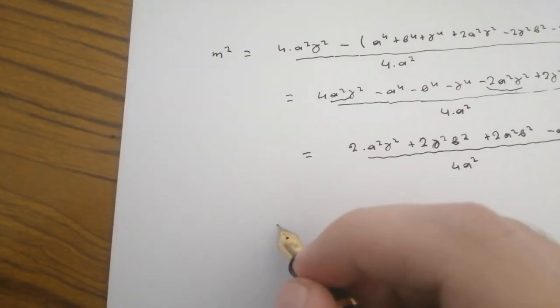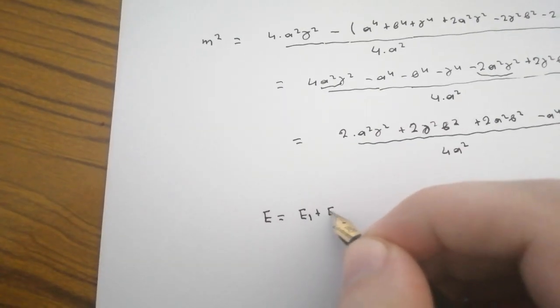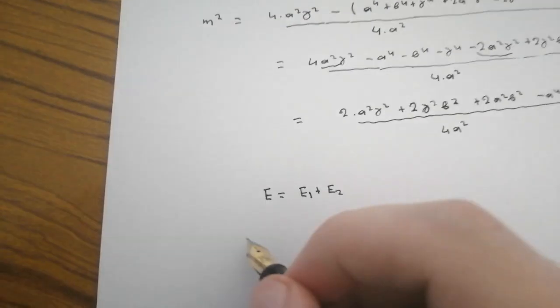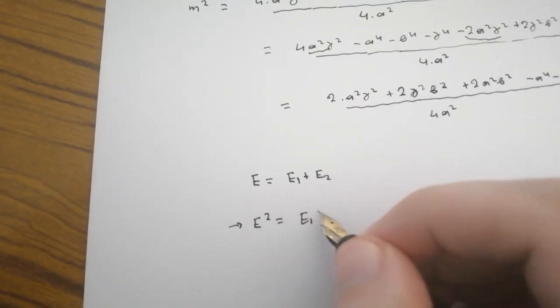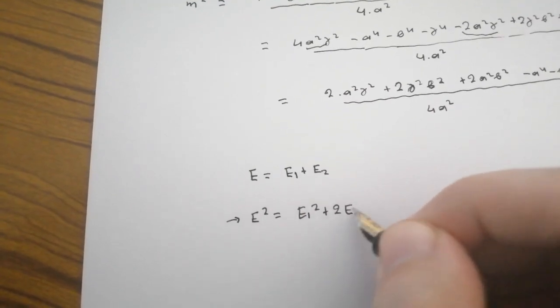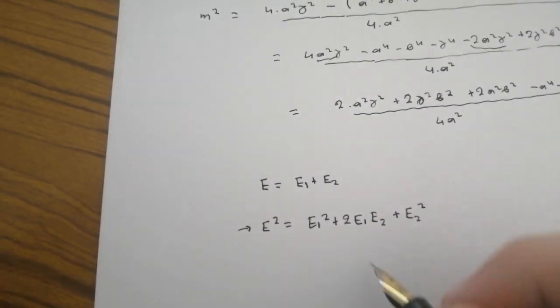Of course, the whole area of the triangle is epsilon 1 plus epsilon 2. So epsilon squared should be epsilon 1 squared plus 2 epsilon 1 epsilon 2 plus epsilon 2 squared.